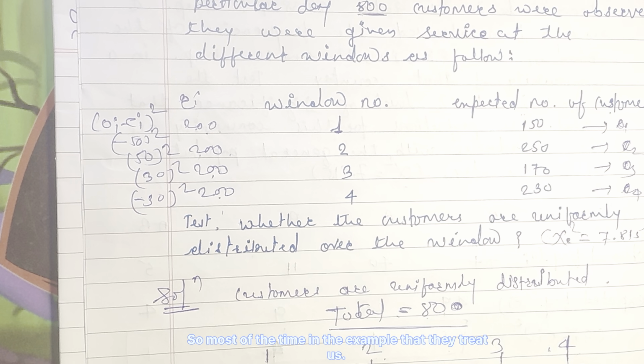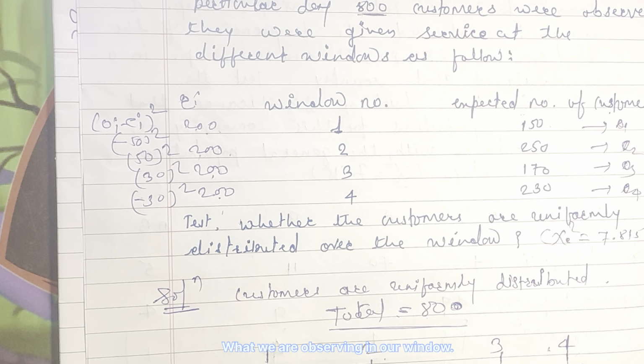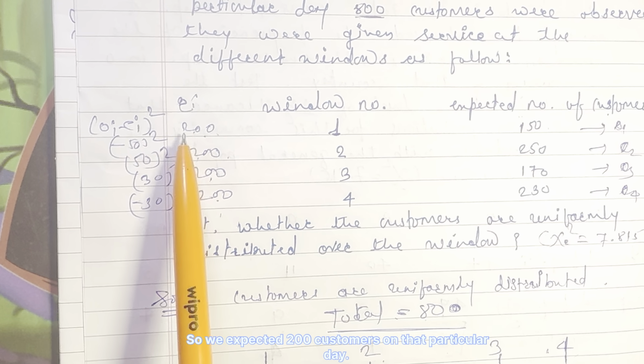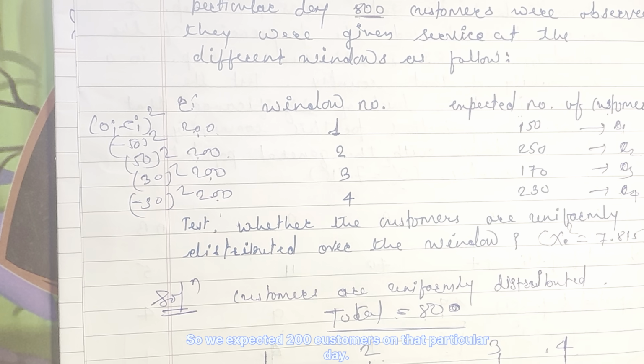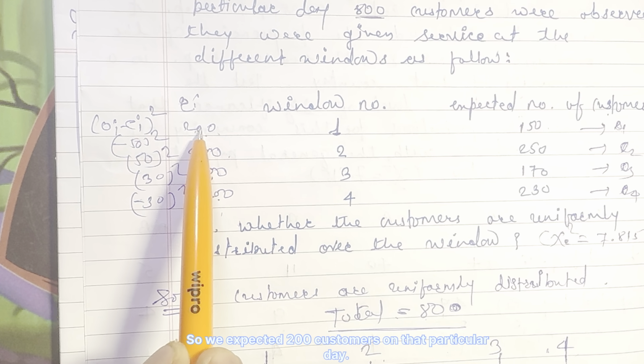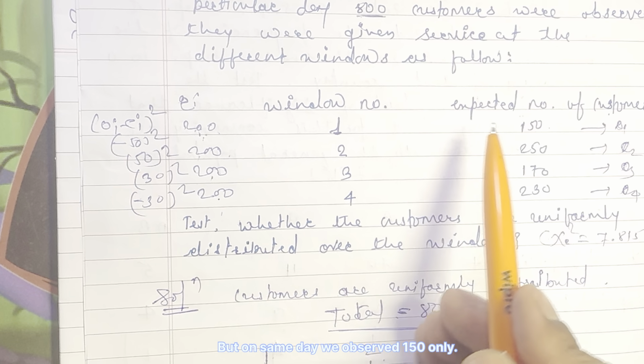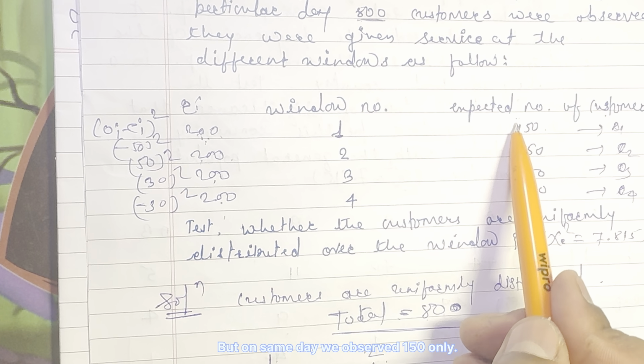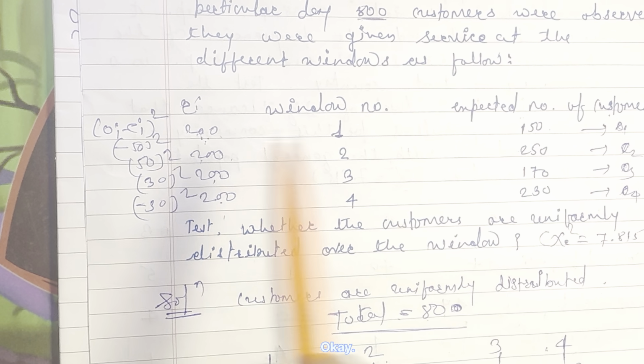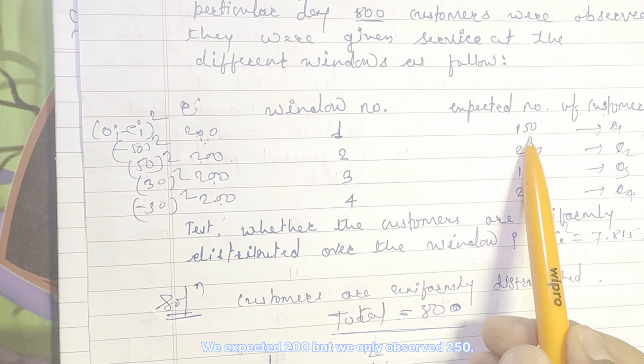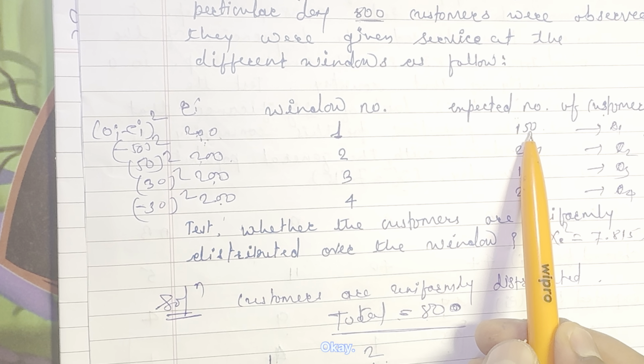So most of the time in the example, they trick us. Given values are the expected ones, but actually these are the observed values, what we are observing in our window. We expected 200 customers on that particular day, but on the same day we observed only 150.